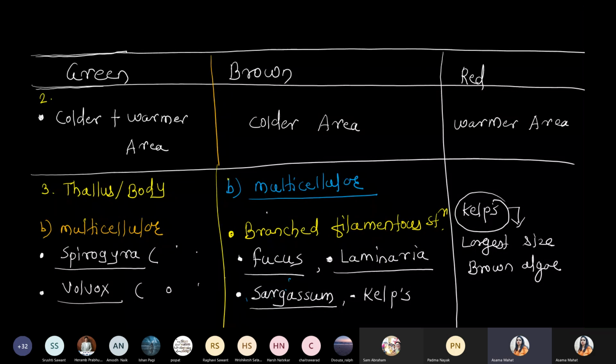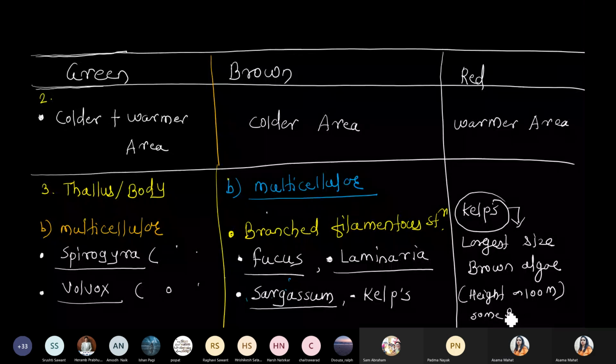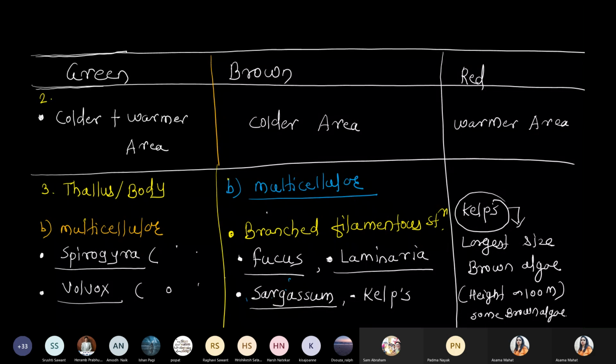Got it? What is the meaning of kelps? Kelps are nothing but largest size brown algae. And you write down the information: in some brown algae, height up to 100 meter. Not all. We are talking about some brown algae. Got it?